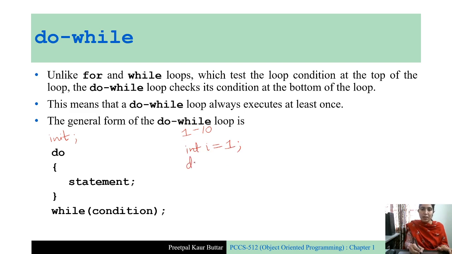Then we will write the do keyword, and inside the curly braces we will write the set of statements which we want to execute. We want to print the value of i and then endl semicolon, then the increment: i plus plus.